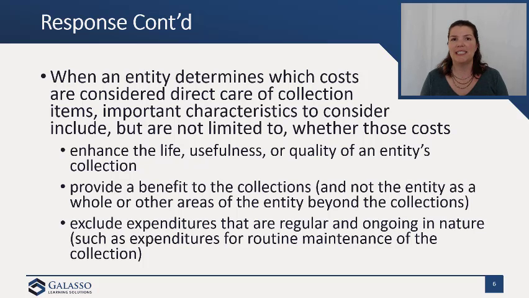So direct care is not just routine maintenance. It is truly above and beyond care of the existing items. And so if you want to stay within the definition of collection and you want to use it for direct care, the AICPA is giving us a little guidance that FASB chose not to when they issued ASU 2019-03.